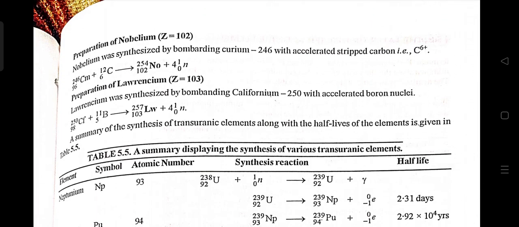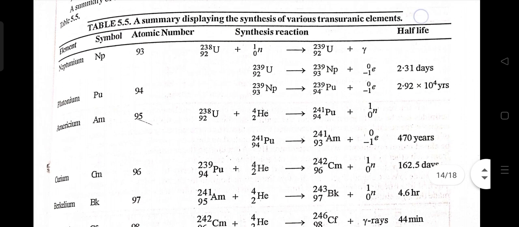Preparation of nobelium. Nobelium was synthesized by bombarding curium with accelerated stripped carbon. Preparation of lawrencium. It was synthesized by bombarding californium-250 with accelerated boron nuclei. The synthesis of the transuranic elements along with the half-life is given in the table.